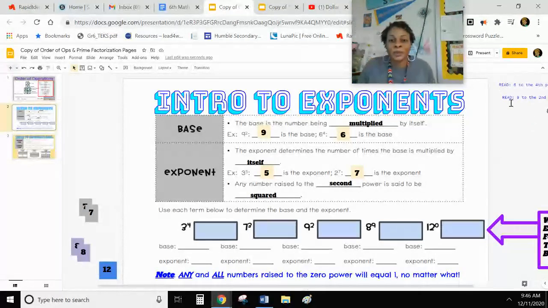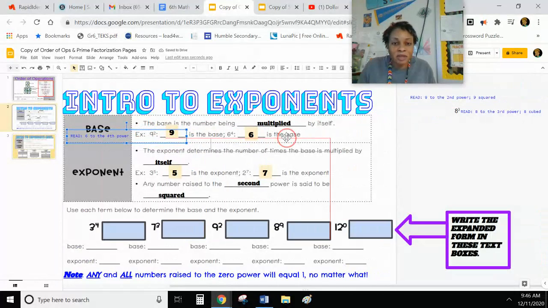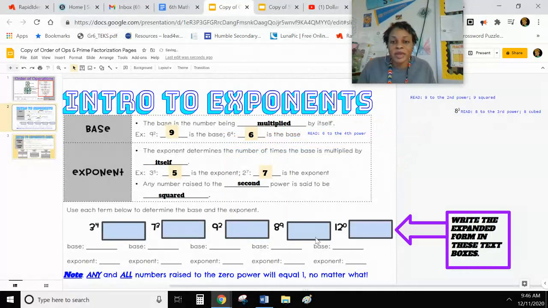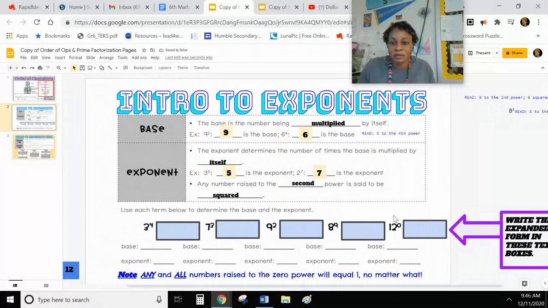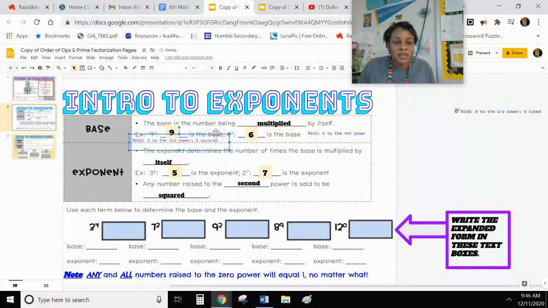So let's go back and read some of these other ones. How is this read? So here we have 6 raised to the fourth power. It's read 6 to the fourth power. Here we had 9 raised to the second power. You can read it as 9 raised to the second power, or you can read it as 9 squared, because it's what? 2 dimensions, length and width.